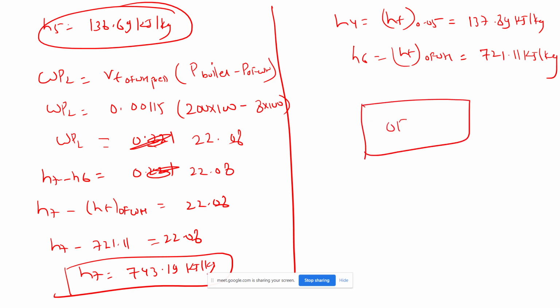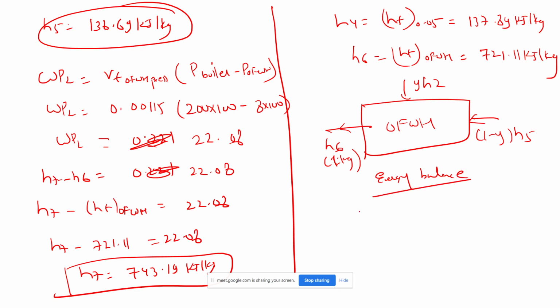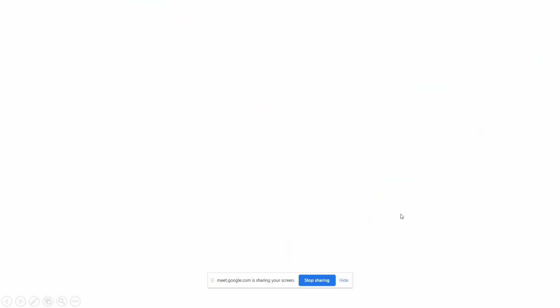What is the value of y we get after applying it? 0.22.